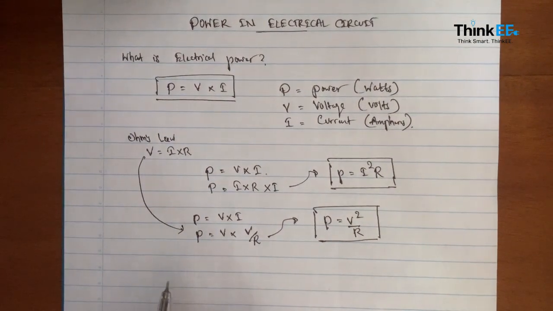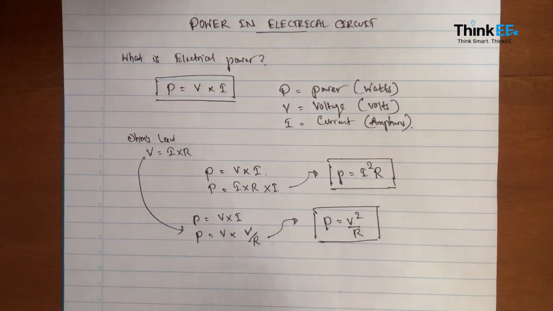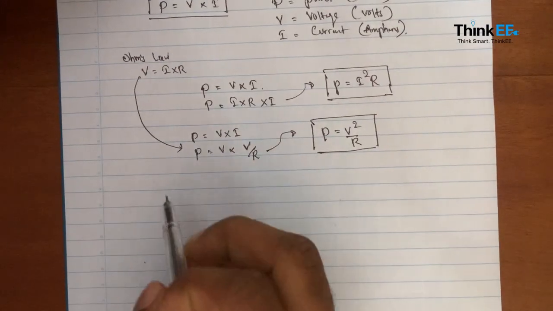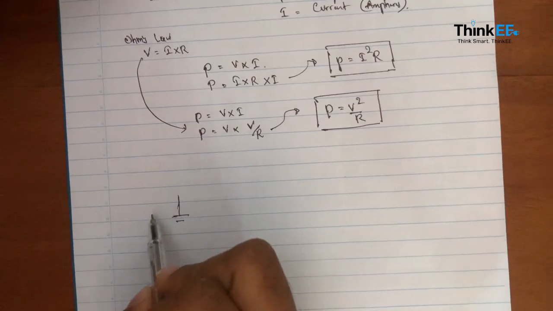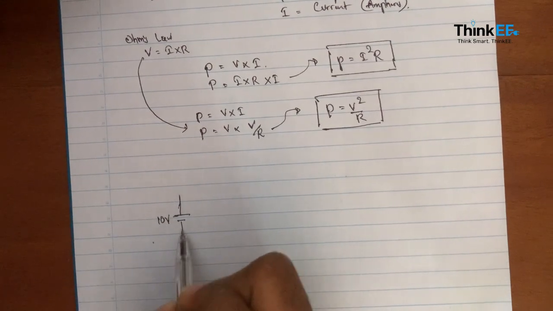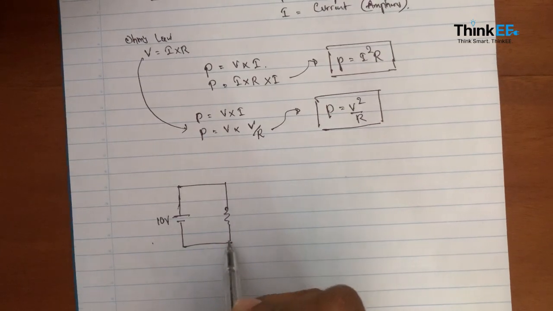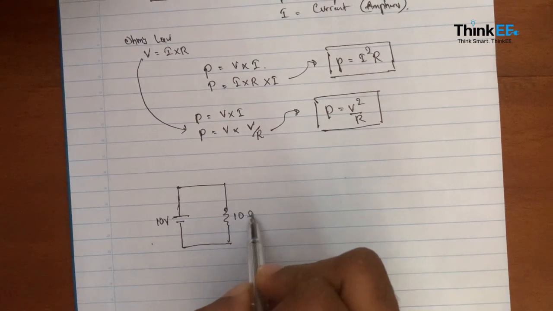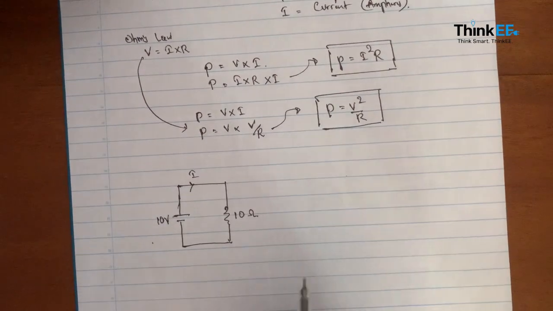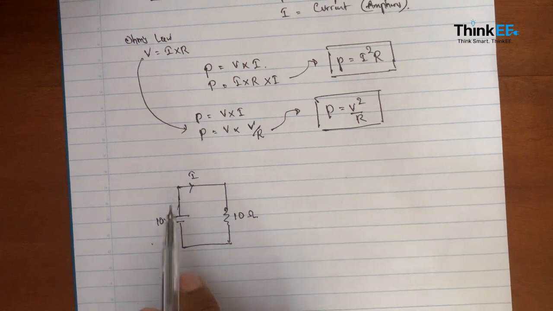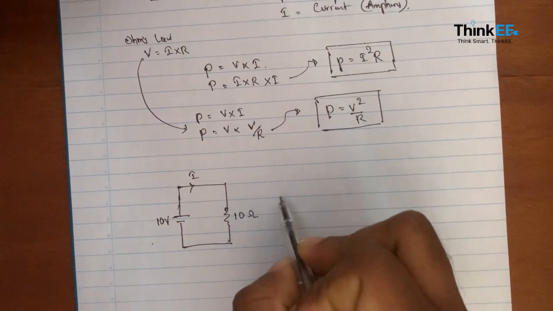I will show how to calculate electrical power from these three equations by using small example. Let's see. There's a power voltage supply of 10 volt and we have resistance of 10 ohms and the current flow is I. We can find the current flow through this closed circuit I by using Ohm's law.